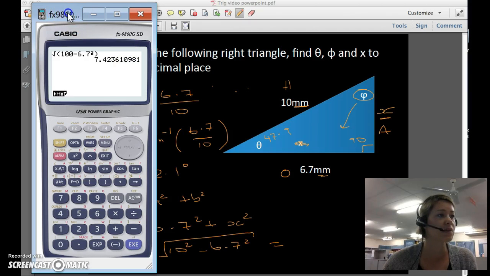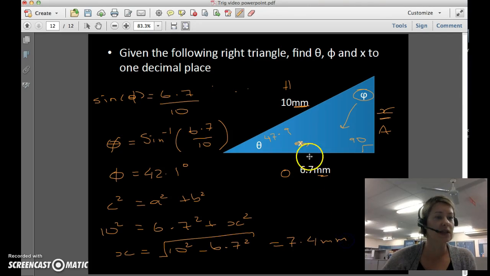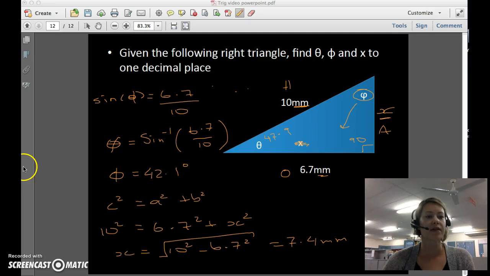So we have a length of 7.4, in millimeters. And that's less than the hypotenuse, so that sounds about right. Okay, so that is how to use the trigonometric identity to find lengths and angles in a right triangle.